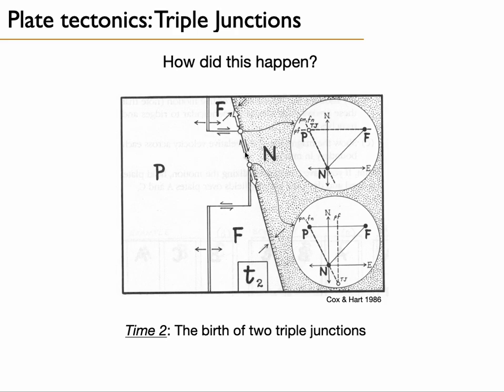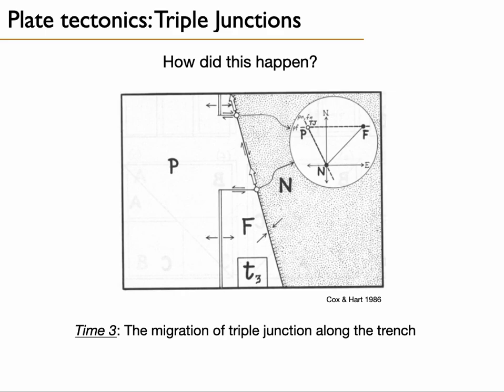So we have interaction, transform, transform, subduction here, and a subduction, ridge, transform triple junction at the south. Now we move even forward in time, and you see that the triple junctions are migrating towards the north for this one. They are migrating along the subduction trench.